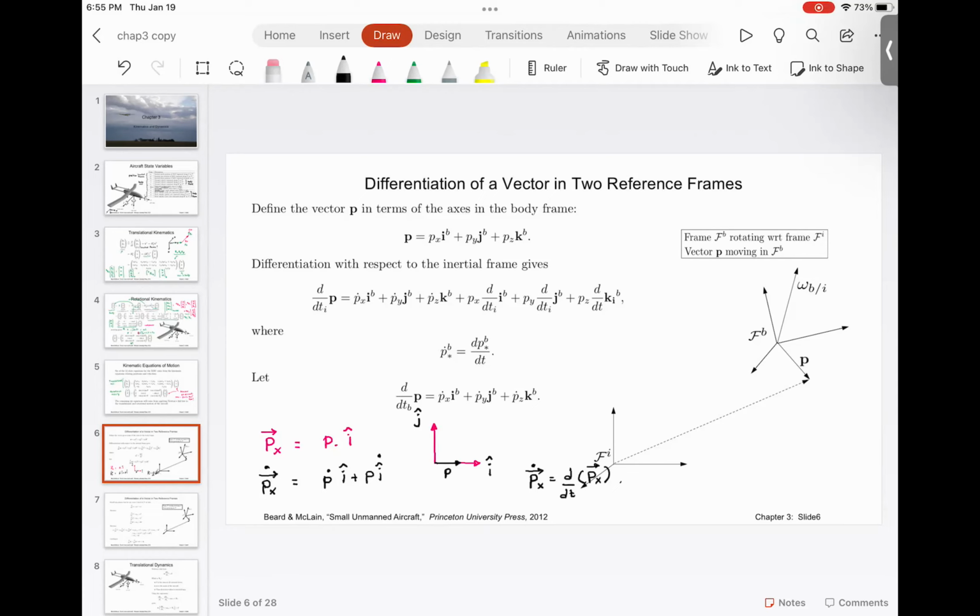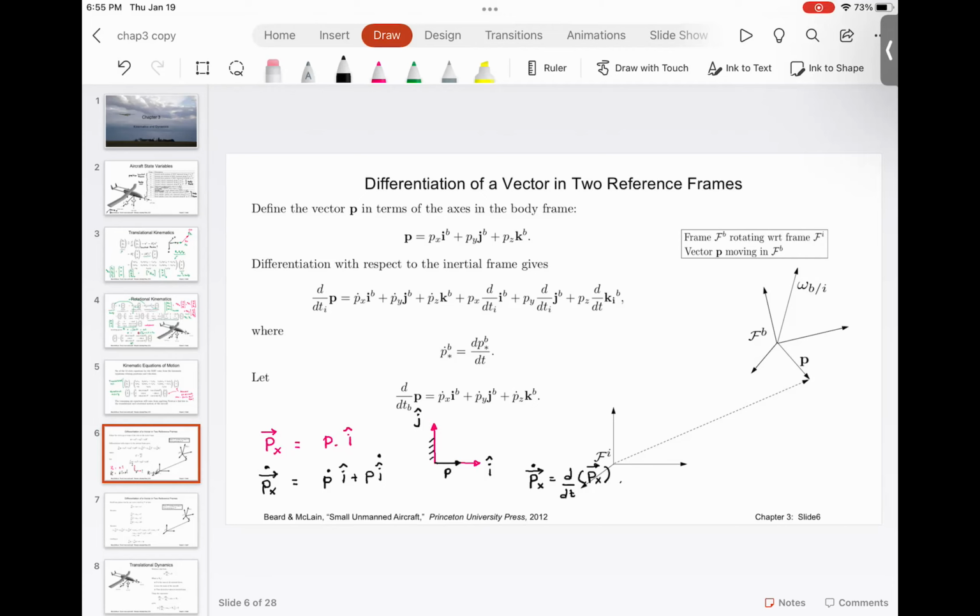Now let's look at a case where the vector P is expressed in the inertial frame. What do I mean by inertial frame? In an inertial frame, this frame is fixed.